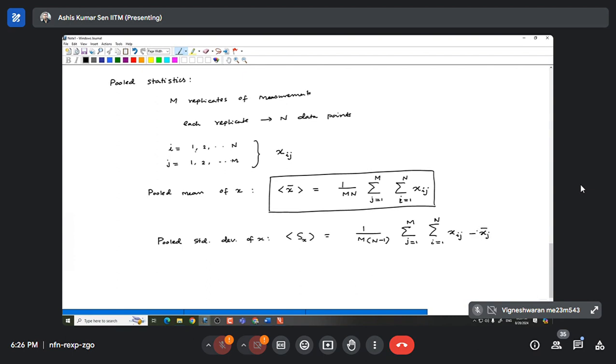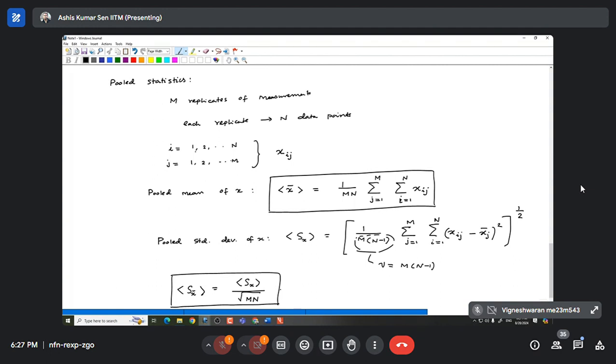For each data set, you will have a mean. And here the degree of freedom has become m into n minus 1. Similarly, the pooled standard deviation of the mean Sx is basically Sx divided by the square root of m into n.